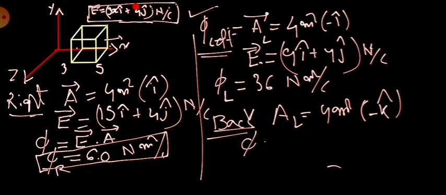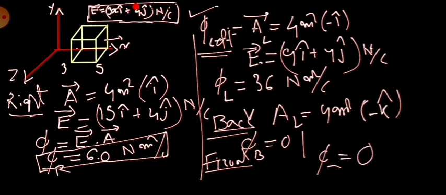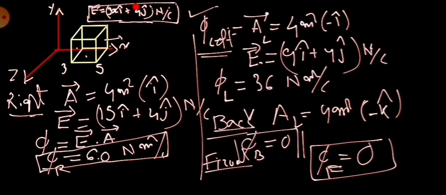So the flux through the back surface is 0. Similarly, for the front surface also the flux will be 0, with the area vector in the k cap direction. So we got 4 quantities: the back surface, the front surface, the right surface, and the left surface.